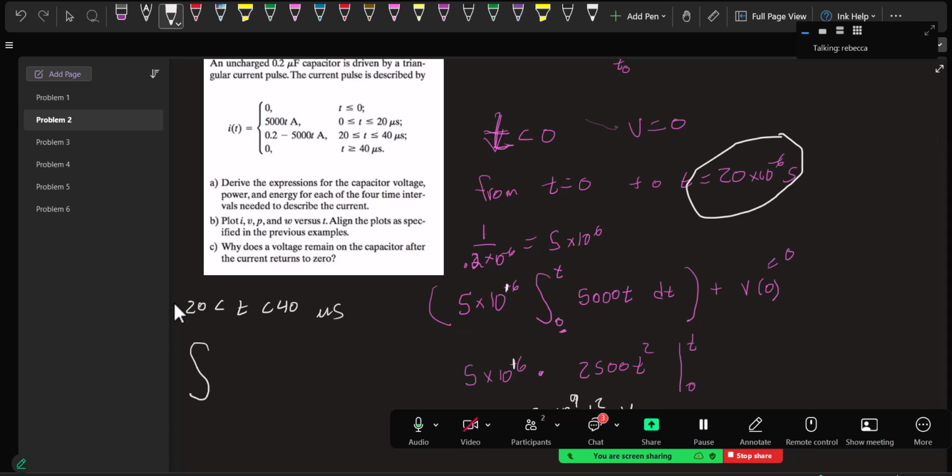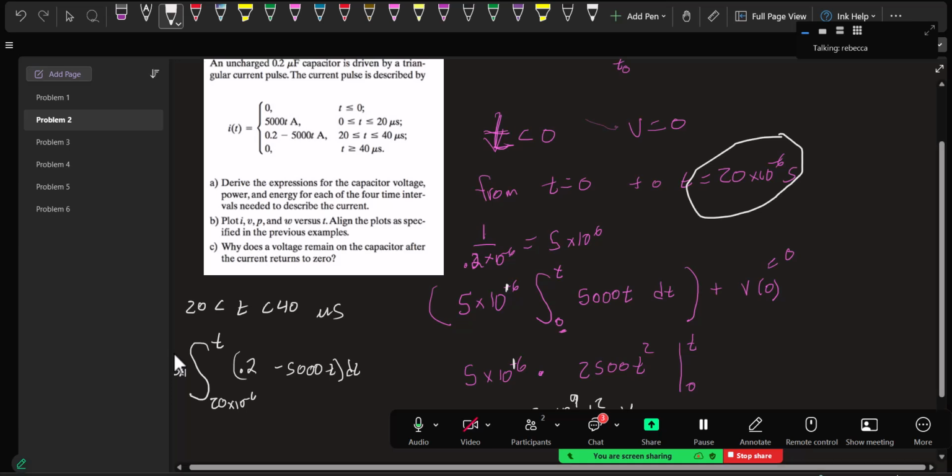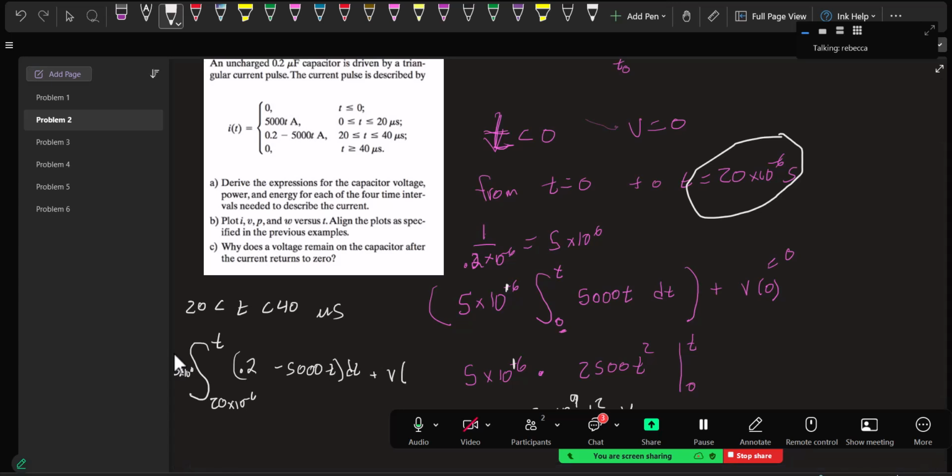This will be the integral from our starting time, which is 20 times 10 to the negative 6, to t of 0.2 minus 5,000 t dt, times 1 over the capacitance, which is 5 times 10 to the 6, plus the voltage at our starting time, so our voltage at 20 microseconds.